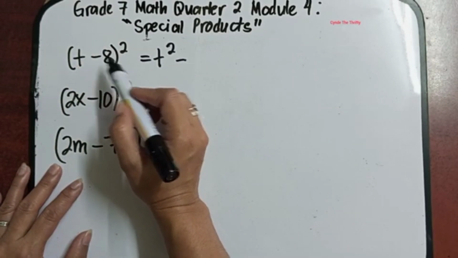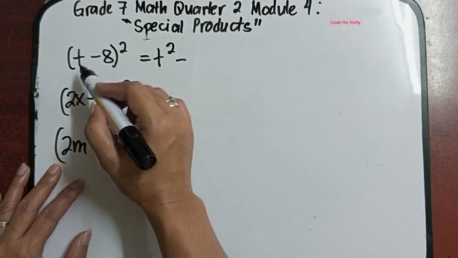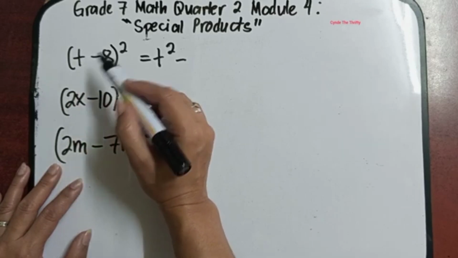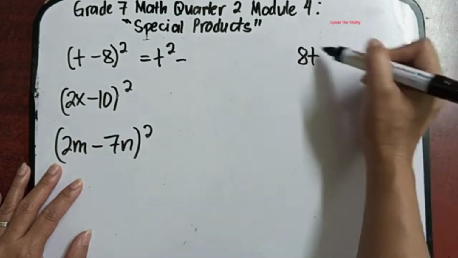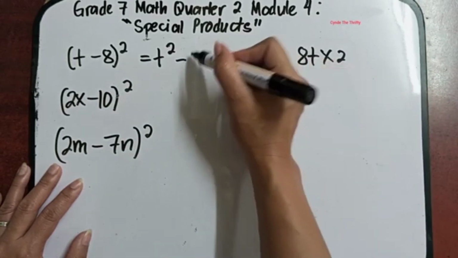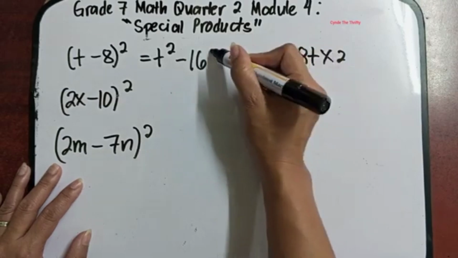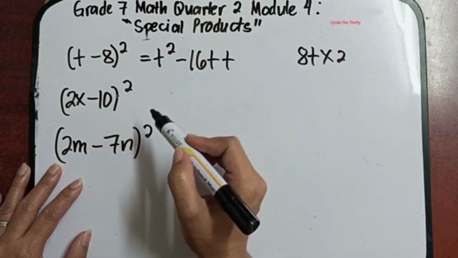So, ang two terms natin is t and 8. So, that is t multiplied by 8 is equal to 8t. And then, okay, 8t times 2. So, 8 times 2 is equal to 16. 16t.